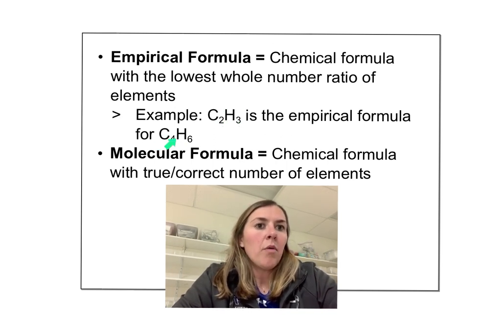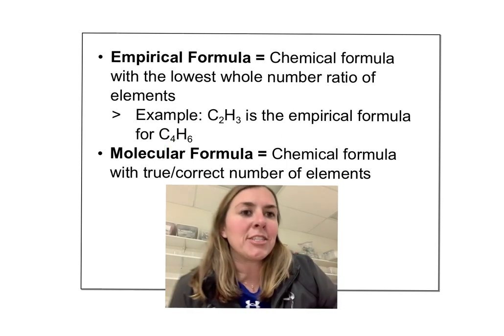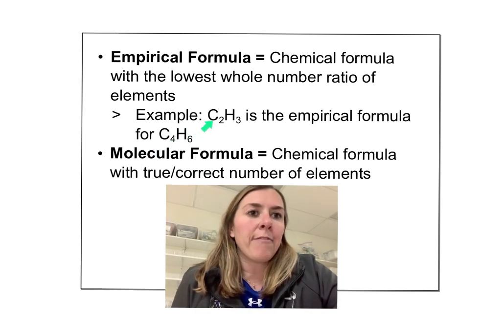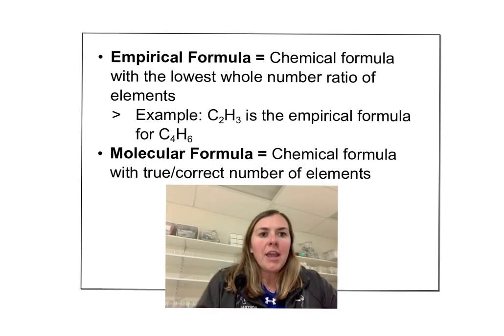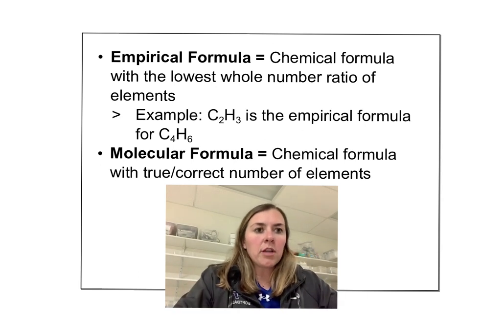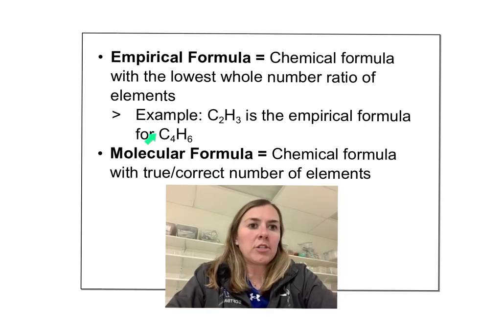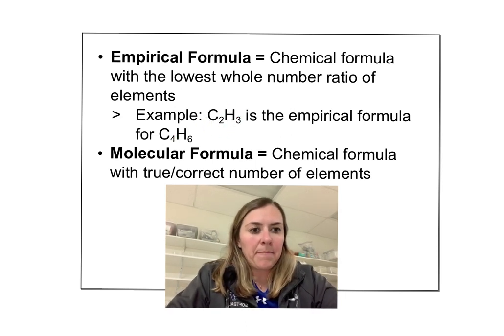I simplified the molecular formula C4H6 by cutting the subscripts by 2, so C2 and H3, the lowest whole number ratio, whereas the molecular formula is the actual true amount of those elements.